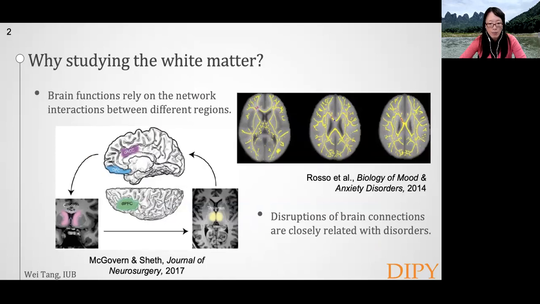These are the FA maps showing abnormality in patients, and these abnormalities are colored in red and blue. The low FA values indicate impairment in the white matter integrity. You can see that the impairment is localized precisely in these confined regions in the white matter. This means that if we want to develop treatment that targets these abnormalities, we need the precise information of brain connectivity in those regions.